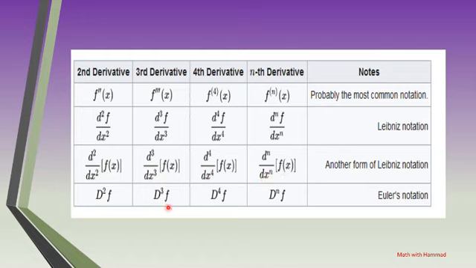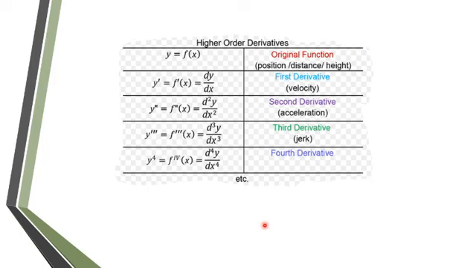And Euler uses capital D square f for the second derivative, D cube f for the third, D4 f for the fourth, and Dn f for the nth derivative. These are some of the notations used by different mathematicians. We normally use f double prime, f triple prime, f4 of x, and f of n of x. Leibniz uses these two rows and Euler uses D of n. Other mathematicians also use some other notations.